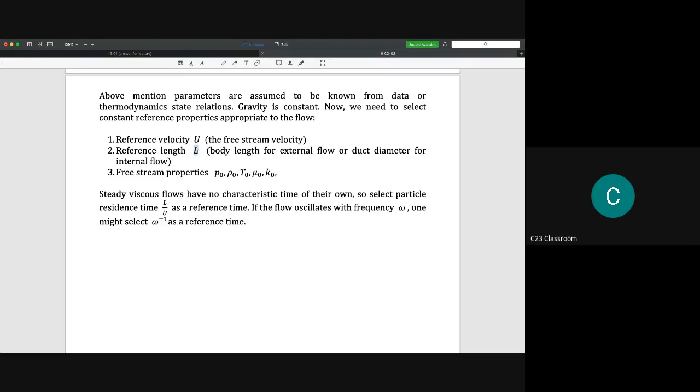That's why in normal dimensionless parameters, you will get the geometrical properties, whether it is length or diameter or radius. It is very rare. I think there does not exist any dimensionless parameter that takes area, for example, or takes a volume in its dimensionless parameter.